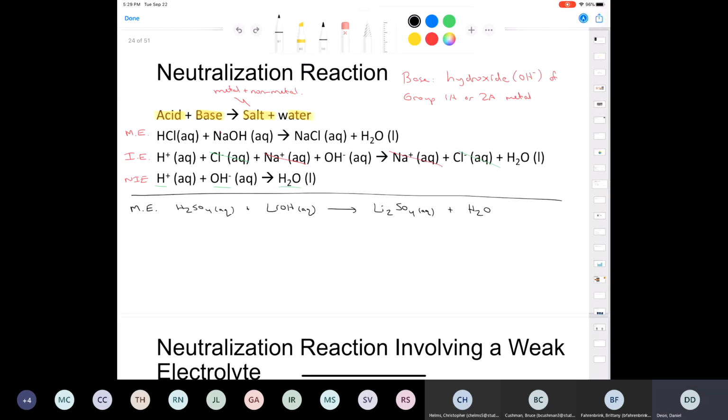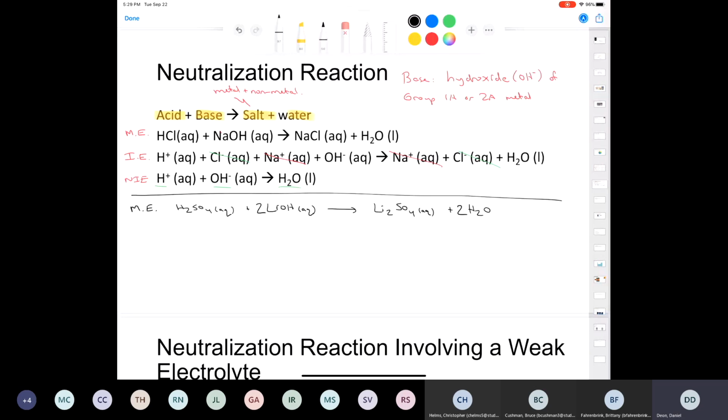Let me start with that. So if we have 2 lithiums like this, then it becomes a lot more apparent that we have 1 sulfur on each side. Now we've got 1, 2, 3, 4 hydrogens, and we have 2 here. So what times 2 gives me 4? And the answer is 2. And so I put a 2, now I put a 2 here. And so now my equation is balanced.